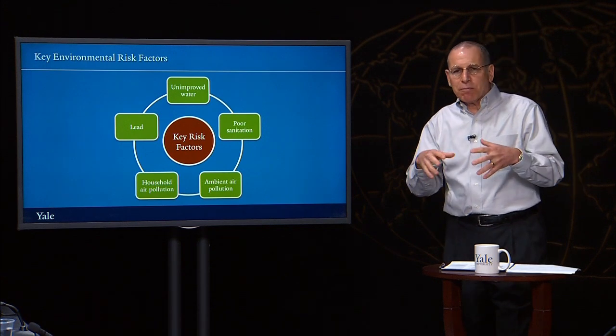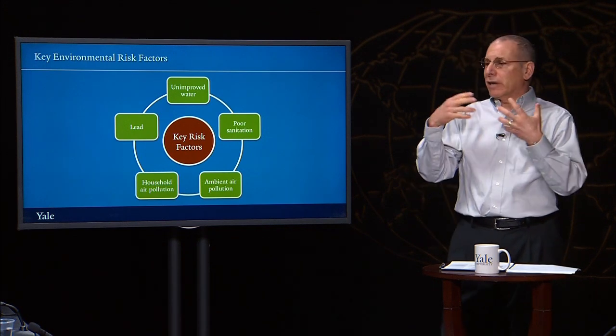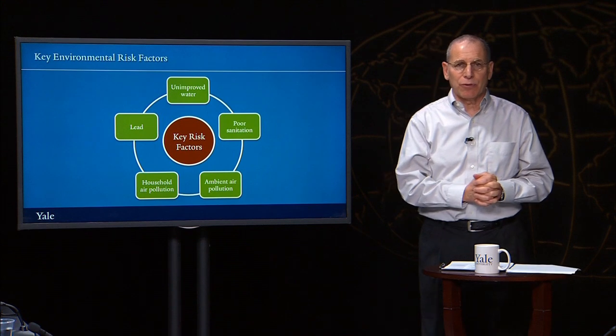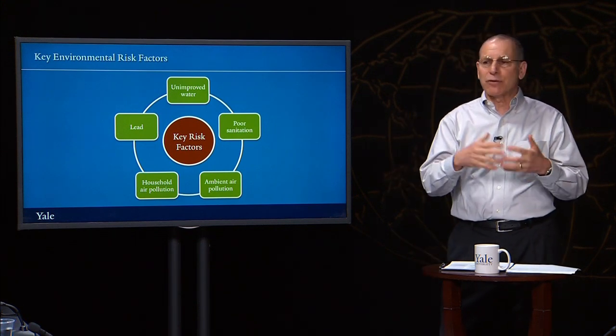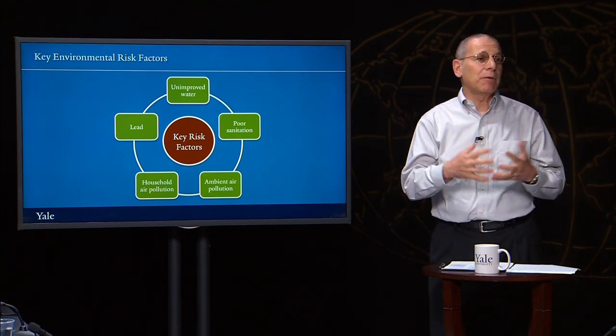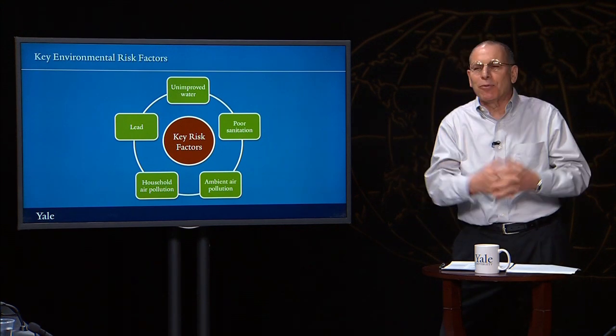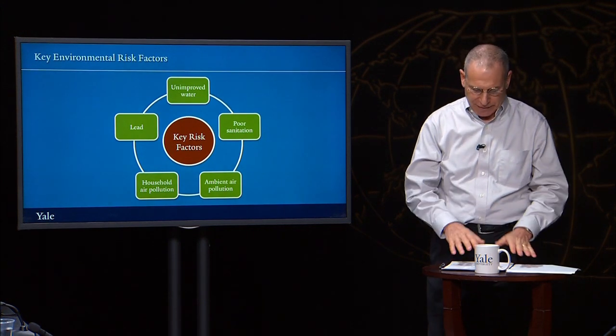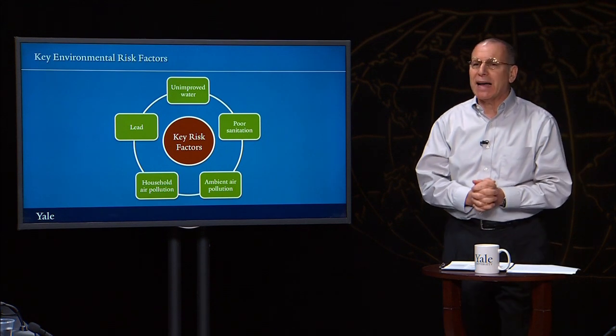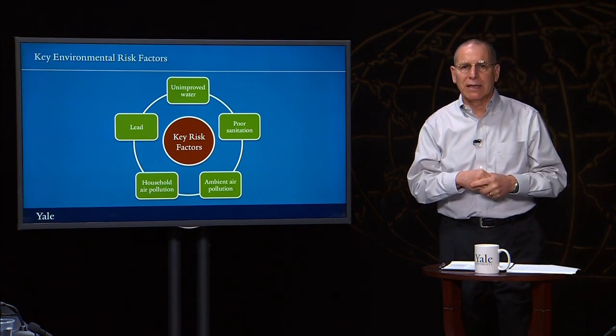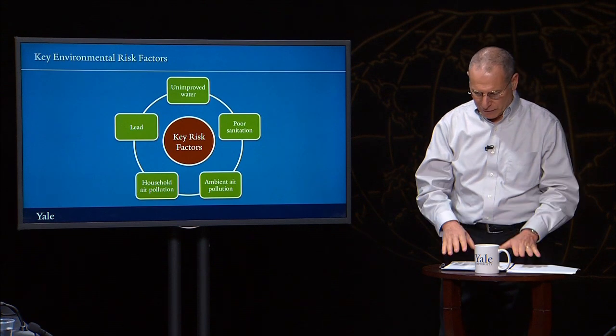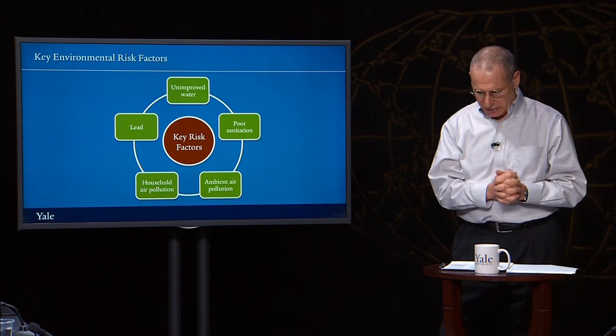So some of us probably believe that outdoor air pollution, what they call ambient air pollution, is among the very most important, maybe the most important of all the environmental risk factors. But in fact, household air pollution is a more important risk factor for ill health than outdoor air pollution is.